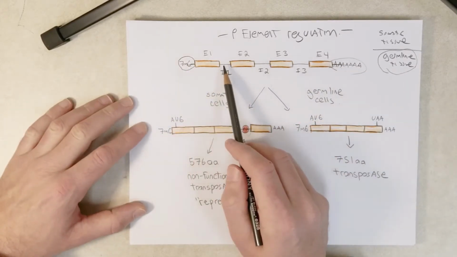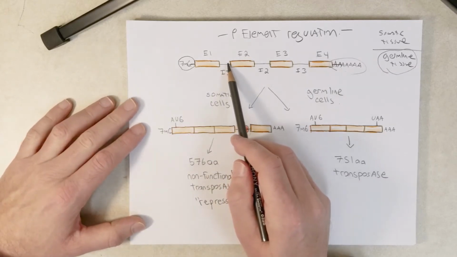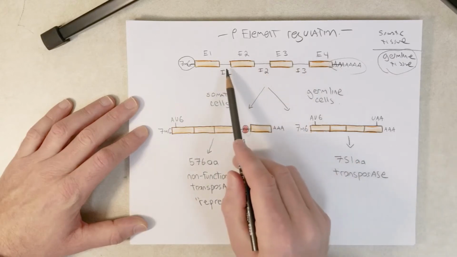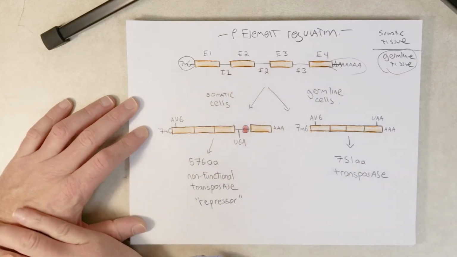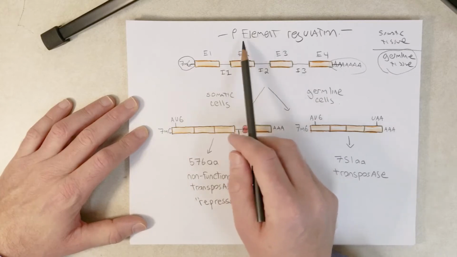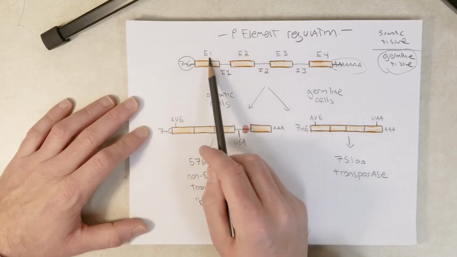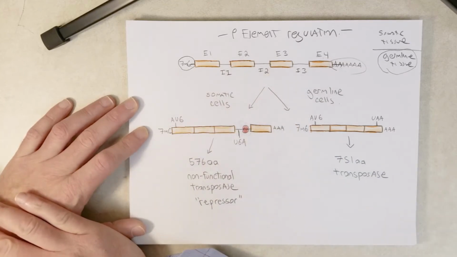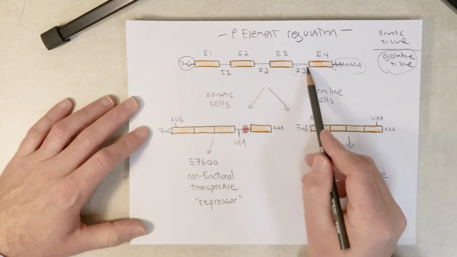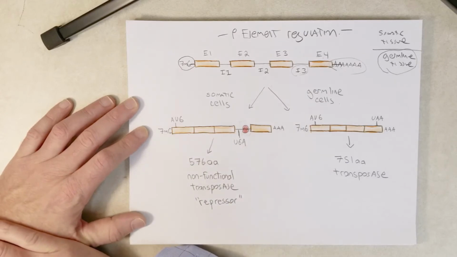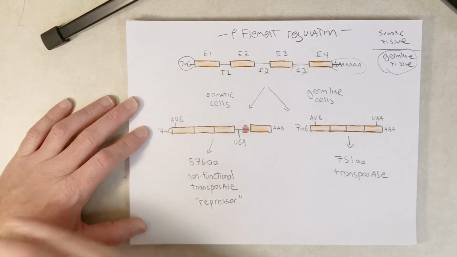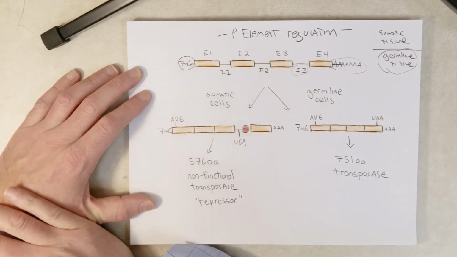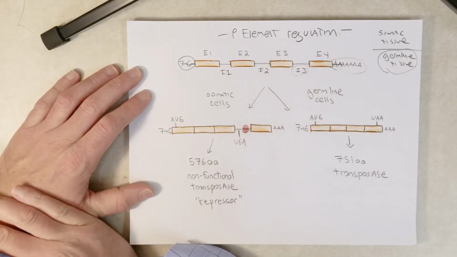But another aspect of messenger RNA processing, or pre-messenger RNA processing, is to join the exons together and remove the introns. So the P element gene, the transposase, is made up of 4 exons and 3 introns. However, this third intron is only removed in germline cells. So we have 2 different transcripts, and this is an example of alternate splicing.